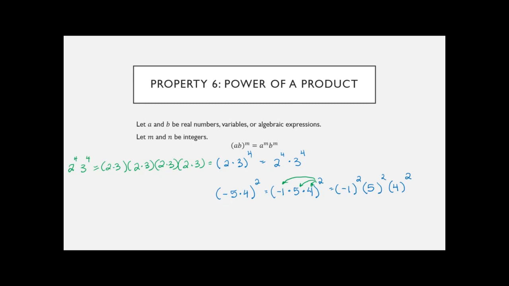You can put extra parentheses in to make sure you've got the exponents on the right thing. Doing it this way helps you get the correct answer because usually those negatives mess people up. If you keep the negative separate, that helps you keep track of the sign so you know whether you're supposed to get a positive or negative out. This rule applies no matter how many things are multiplied on the inside. It just distributes across, and then you would put those in your calculator so that you can simplify it.